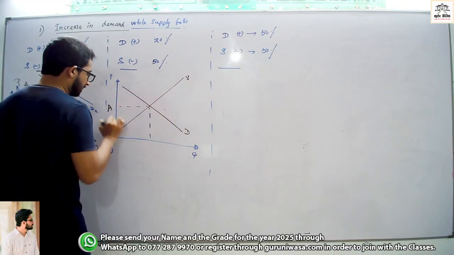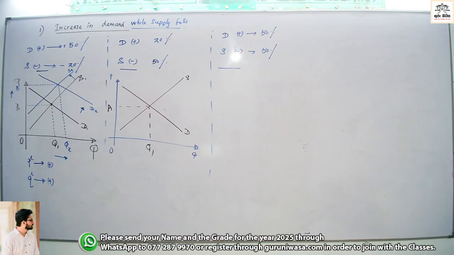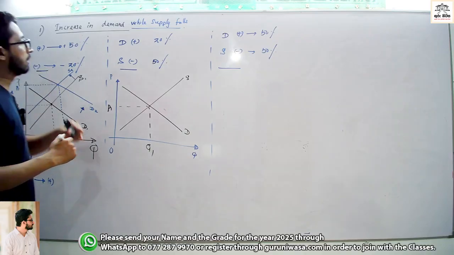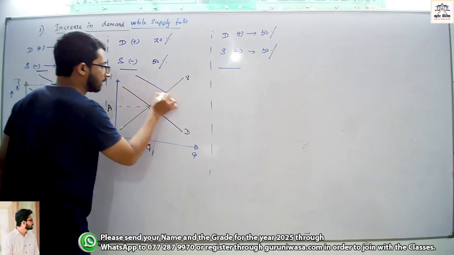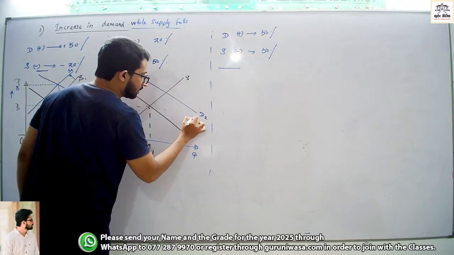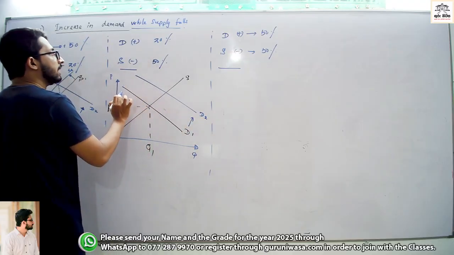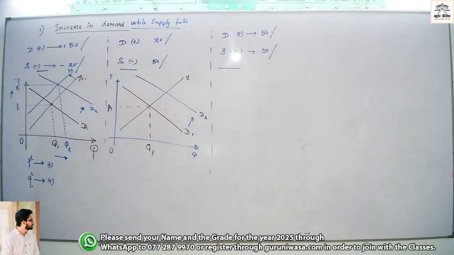Yeah, this is original P1. Second diagram: the demand curve shifts to the right side like this. The supply curve shifts to the left side, more than what the demand curve shifts, right?